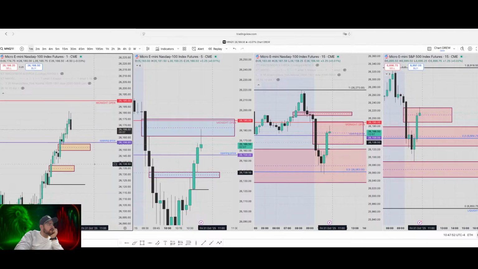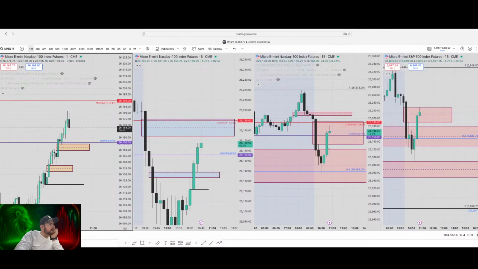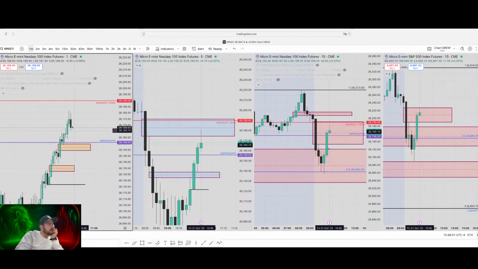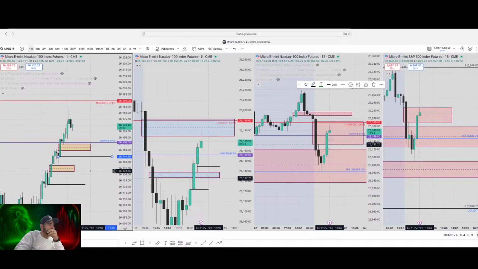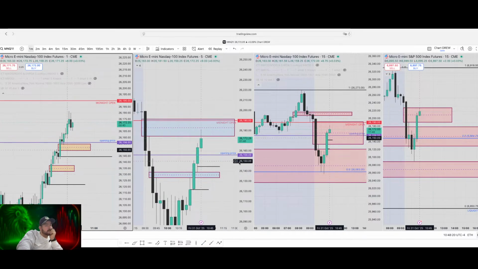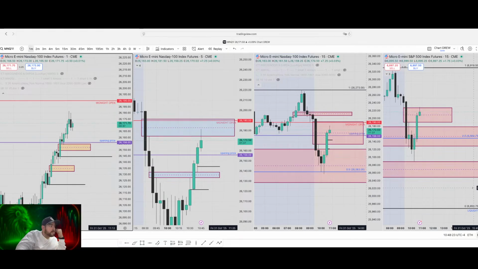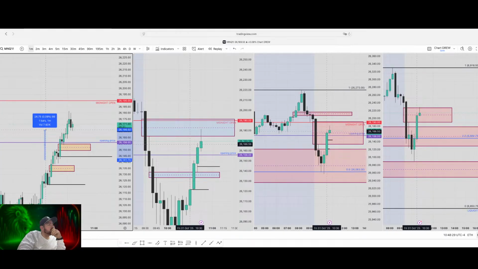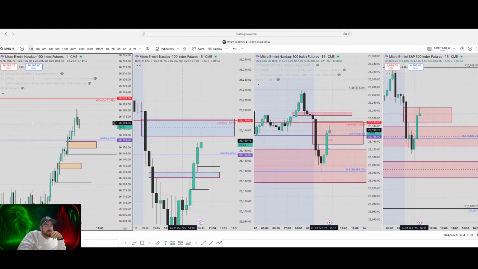Okay, let's see if we get a reversal here. See if we get this inverse right here. I want to see some good, solid candles coming down. Let's see if we get this entry here.